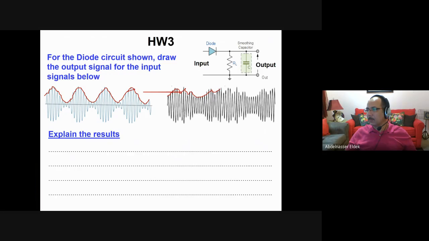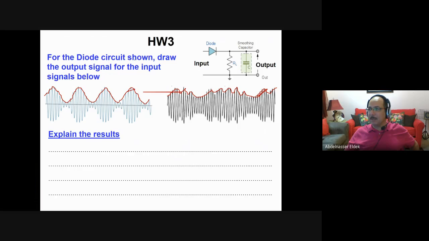And so on. I'm drawing with the mouse, so that's why it's very hard. And sometimes PowerPoint is creating this line. I don't know why. This is supposed to be going like this, and then returning back like this, and so on. So this is the output signal.